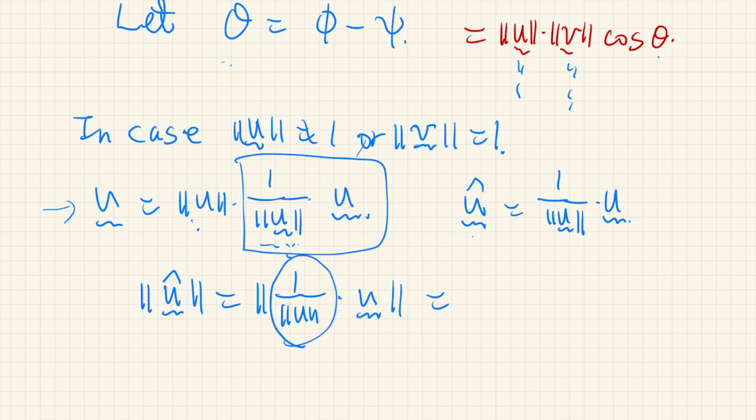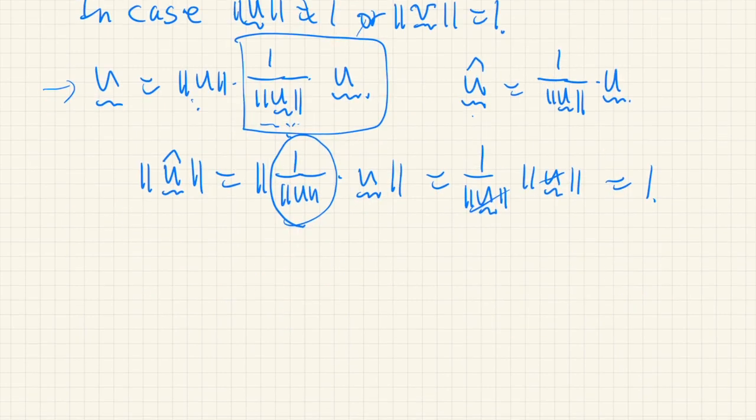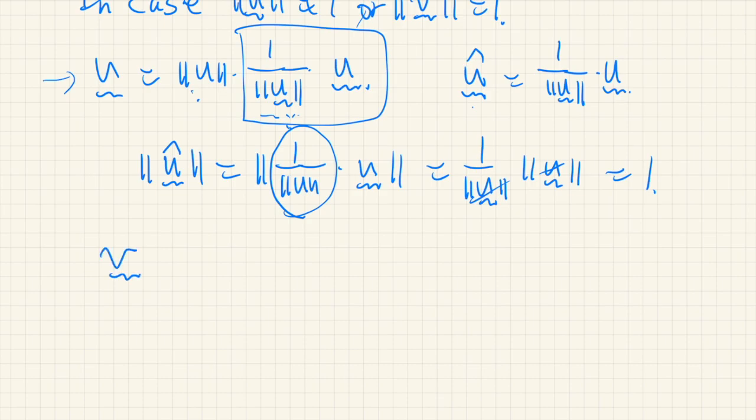And of course, this is just a scalar, so we can take it out. What's left is the norm of u, and they cancel to give 1. And similarly, we can define v in the form of v norm times v hat, where v hat is just v divided by the norm of v.